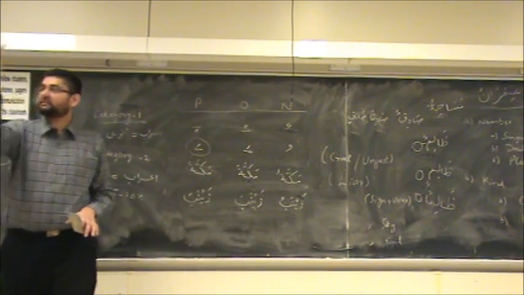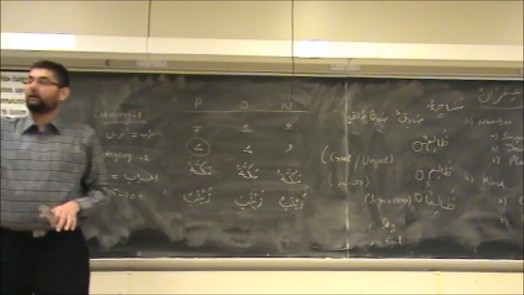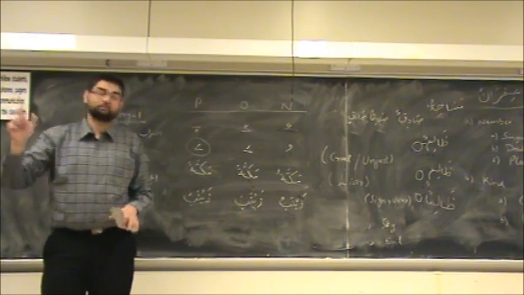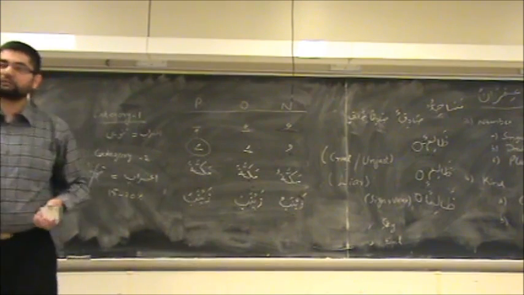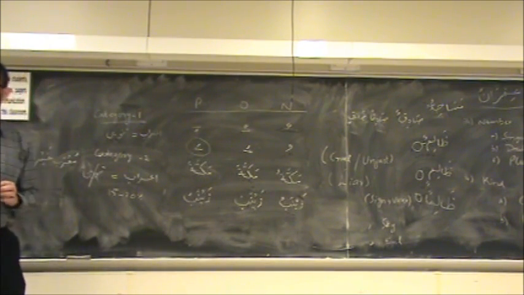So by looking at the structure of the sentence, we can identify that since it is coming as a subject, it must be in the nominative case. By looking at the structure, inshallah we will identify. Any other questions?